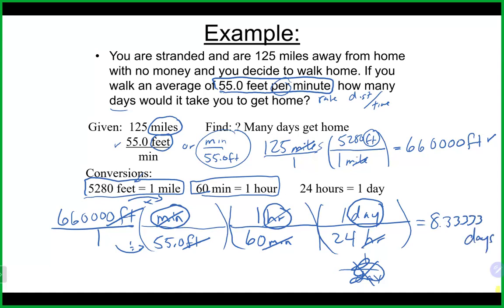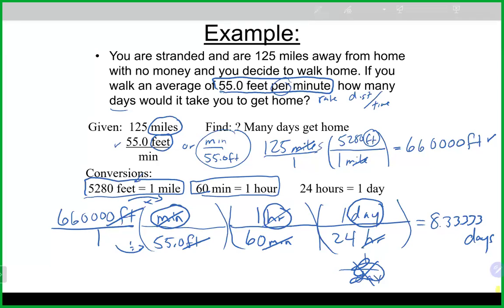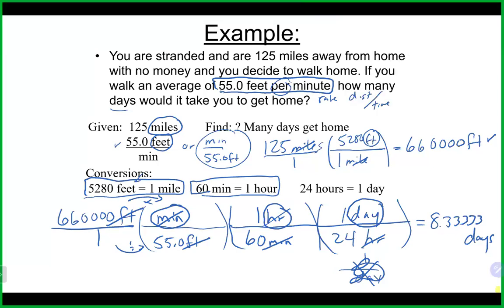Now, in terms of significant figures, we do want to think about the entire calculation. So technically speaking, we started over here with the 125. And this guy has 3 significant figures. So even though here I really wrote it as 2 significant figures, this guy actually should be 3 significant figures, right?